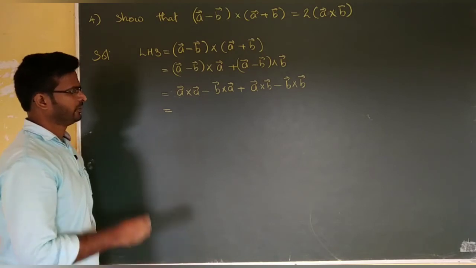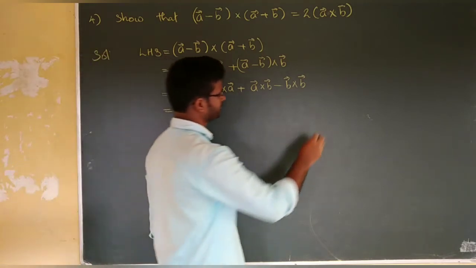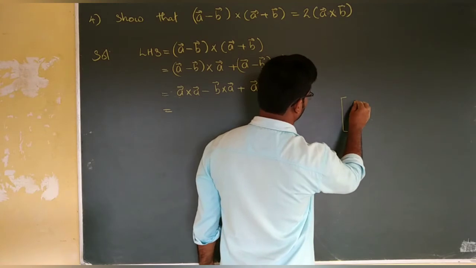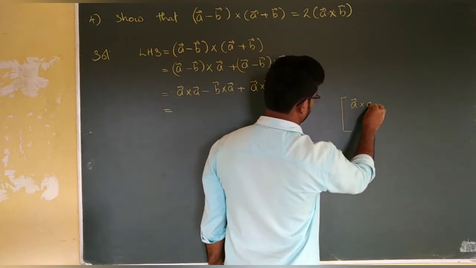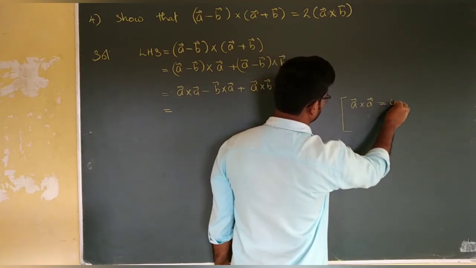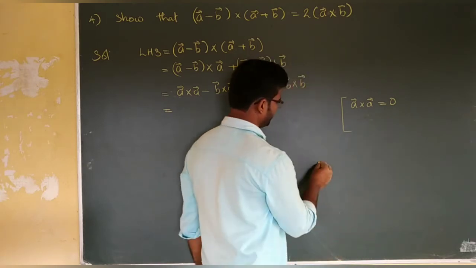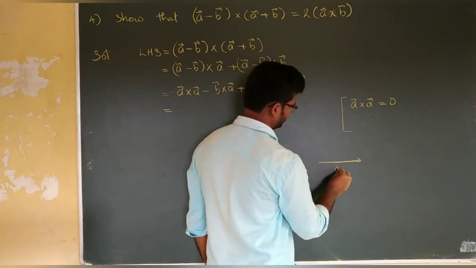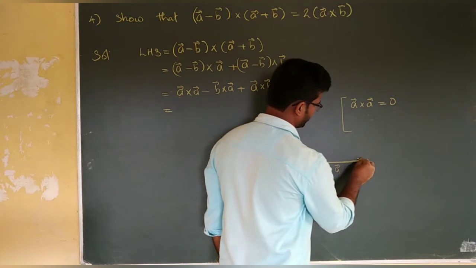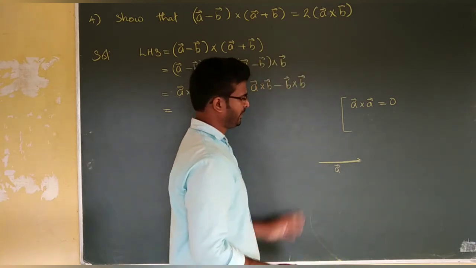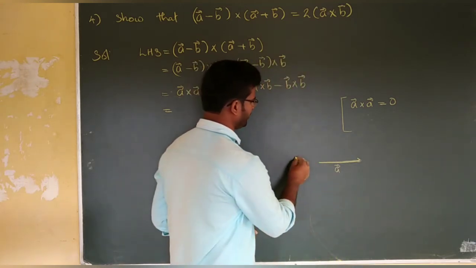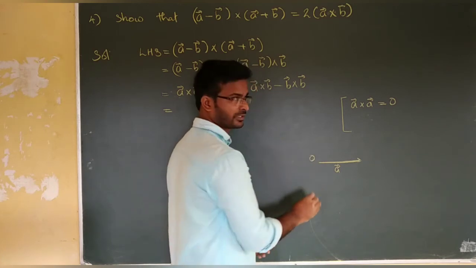Next, you already studied A cross A equal to 0 because this is the same A vector. Again we are using the same vector, so the angle between those vectors is 0, isn't it?